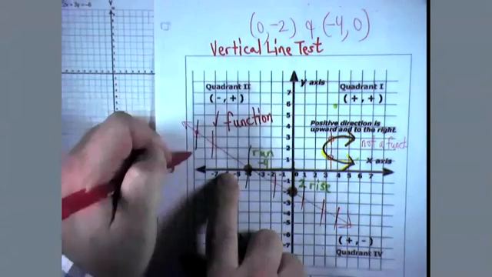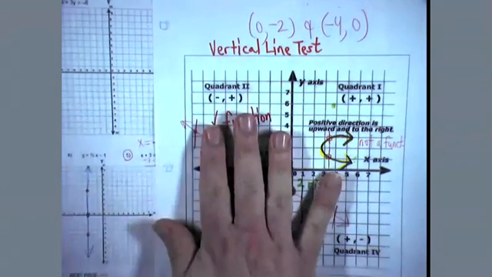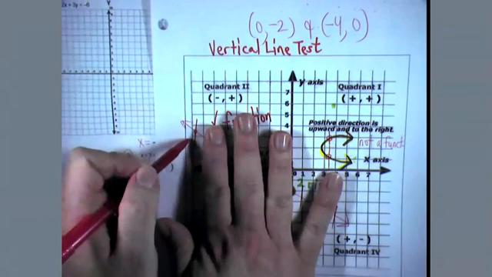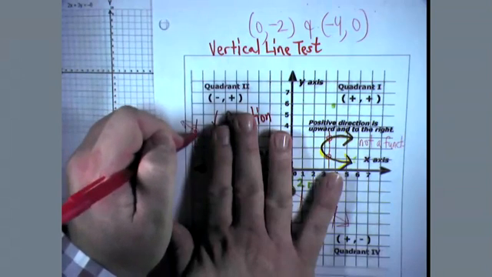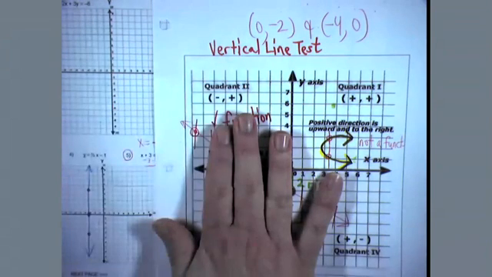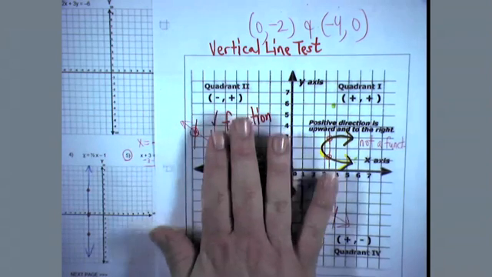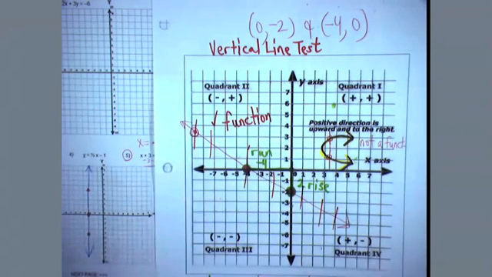Like here, I didn't have to draw those other vertical lines. I could have just drawn this first one. And it only intersects the line just one time. Okay. So as long as it's like in the middle, not two of them at one time. Right. As long as our vertical line does not cross more than one time, then we're good. We have a function. Okay.